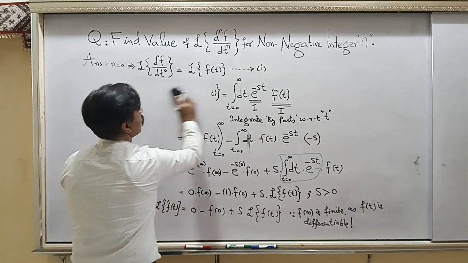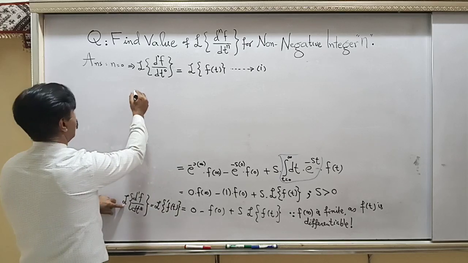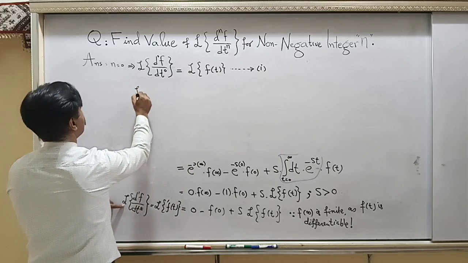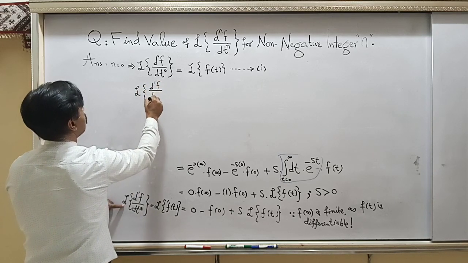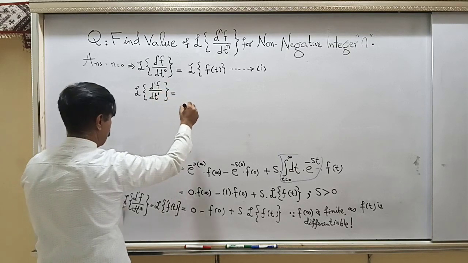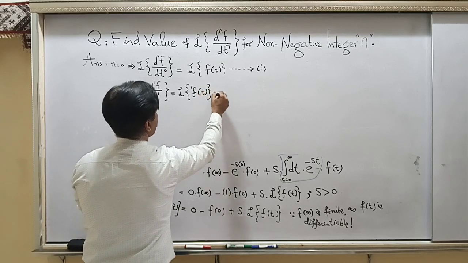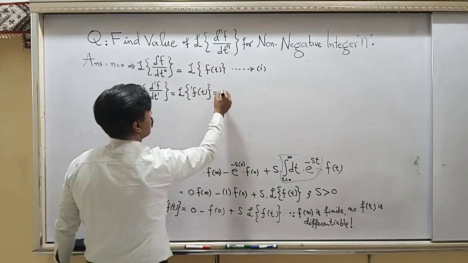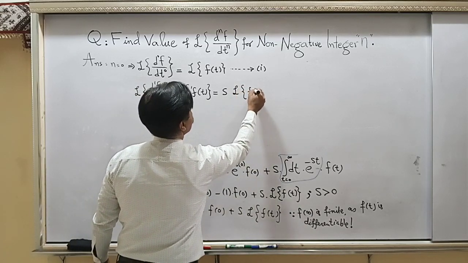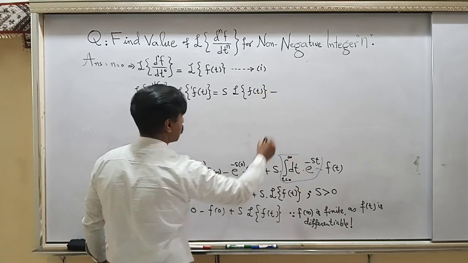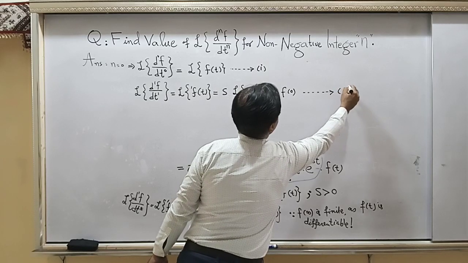And next you have the Laplace transform of d1f by dt1, and this is the Laplace transform of f prime t, and this is equal to, write this term first, s term, which contains the Laplace transform of f(t) and minus f(0), and you may name it as equation number 2.